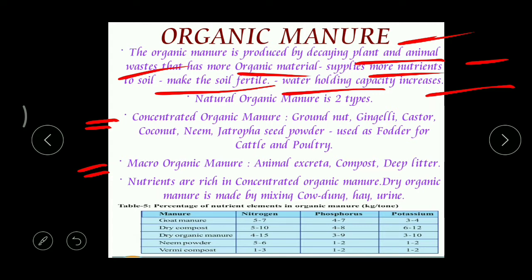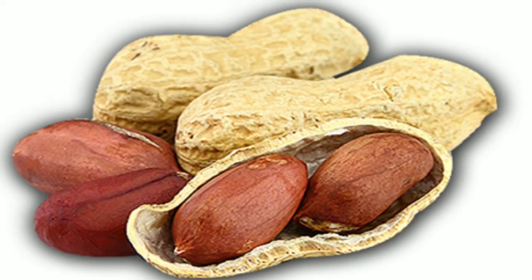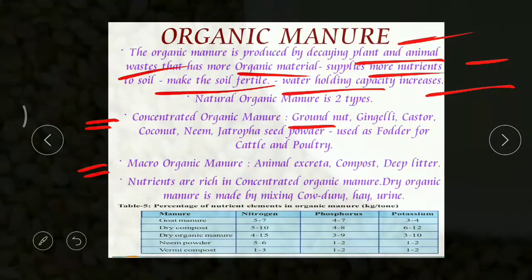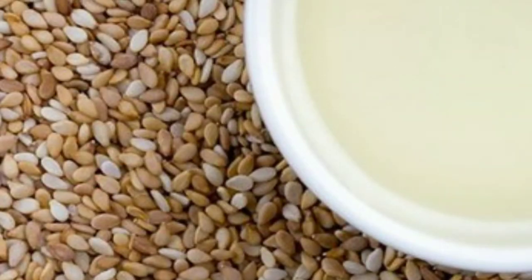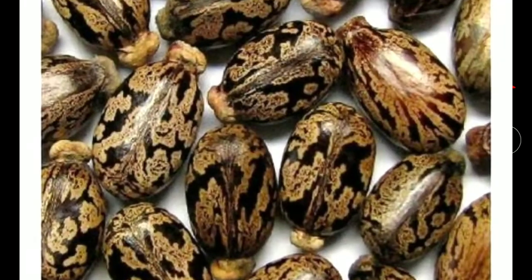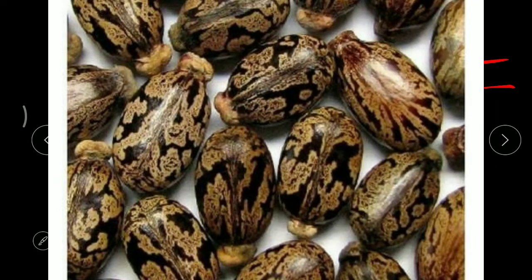Now let's see with what substances we can prepare this concentrated organic manure. We can prepare them by using groundnut, and the next, gingelly. Have you seen this picture? Gingelly. We call it nuvvulu. Then castor. What is castor?